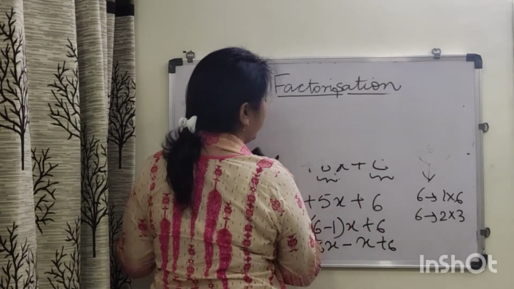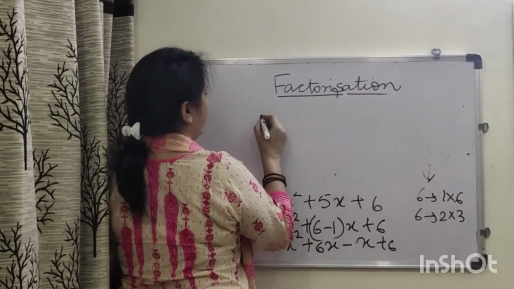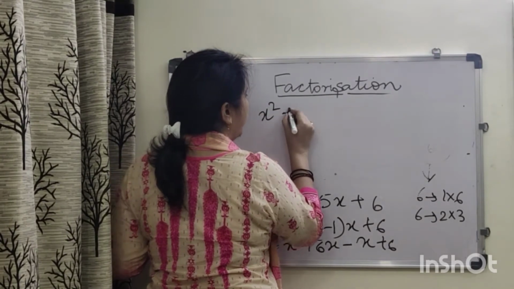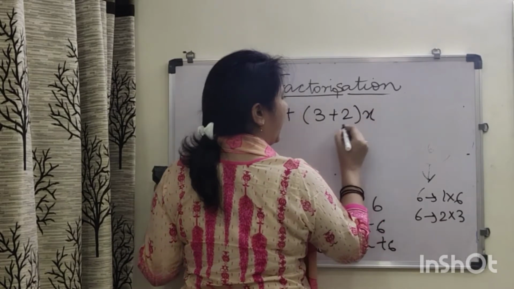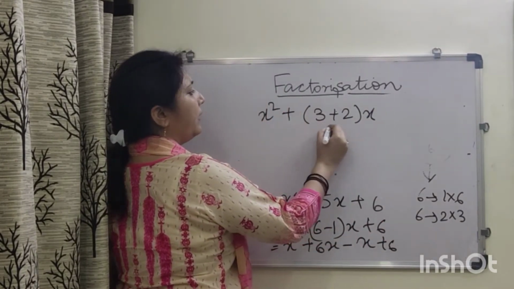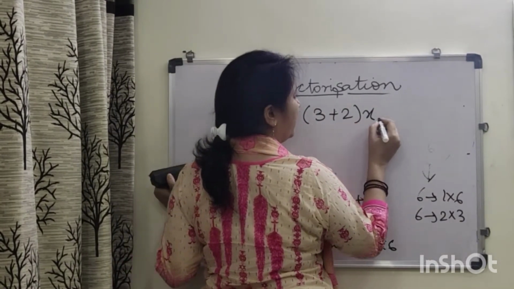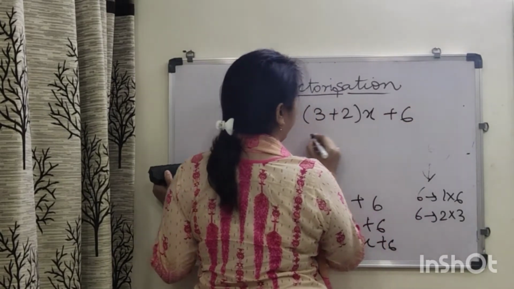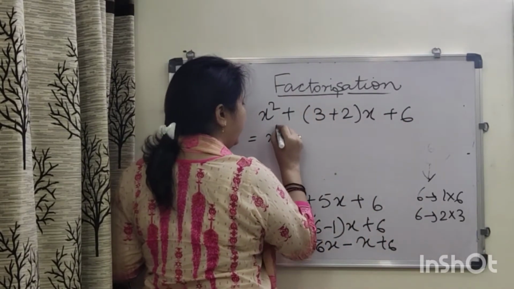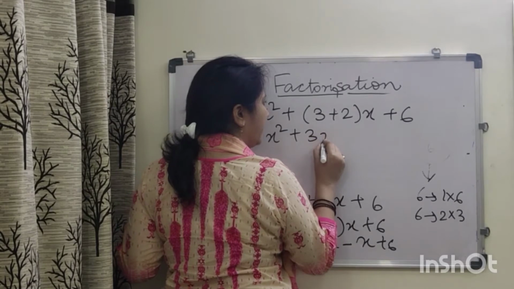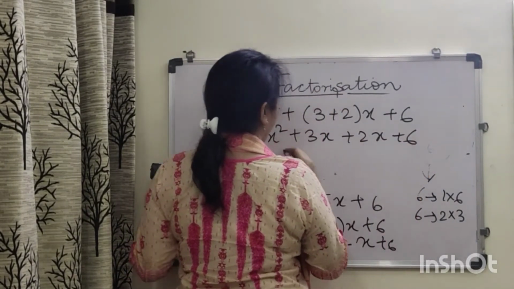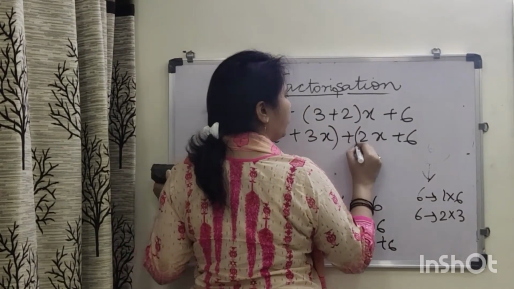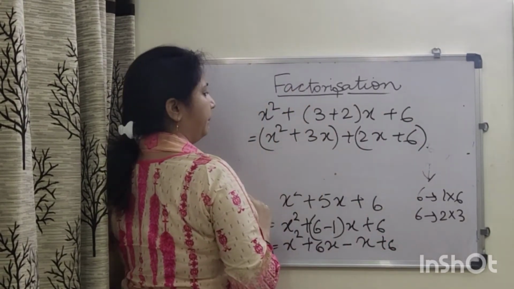Now we take the second case. X square plus 3 plus 2 times x. I have split 5 in terms of 3 and 2, that is 3 plus 2, and plus 6. Now release the bracket. X square plus 3x plus 2x and plus 6. As all signs are positive, you pair them up.